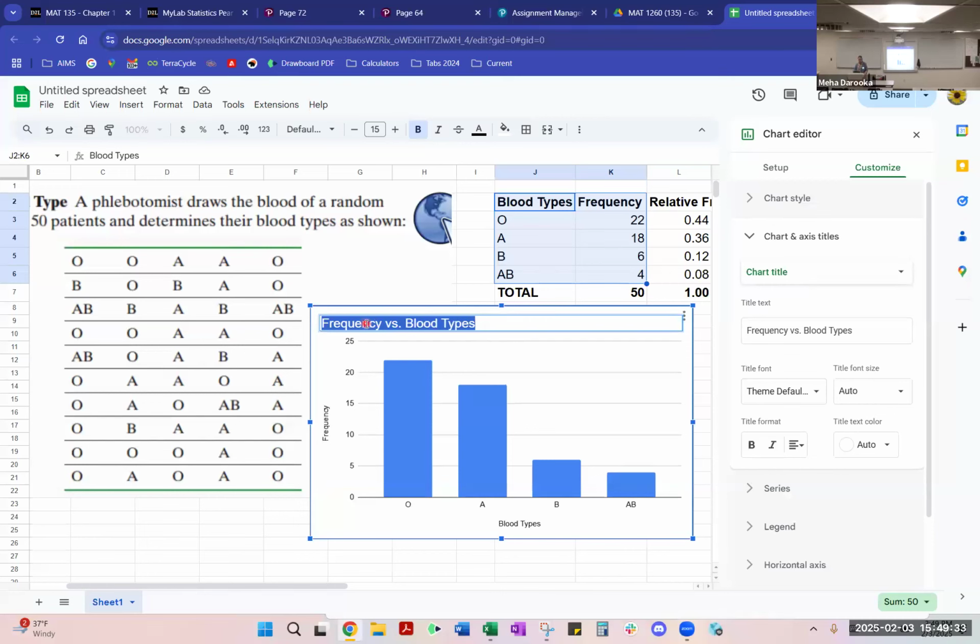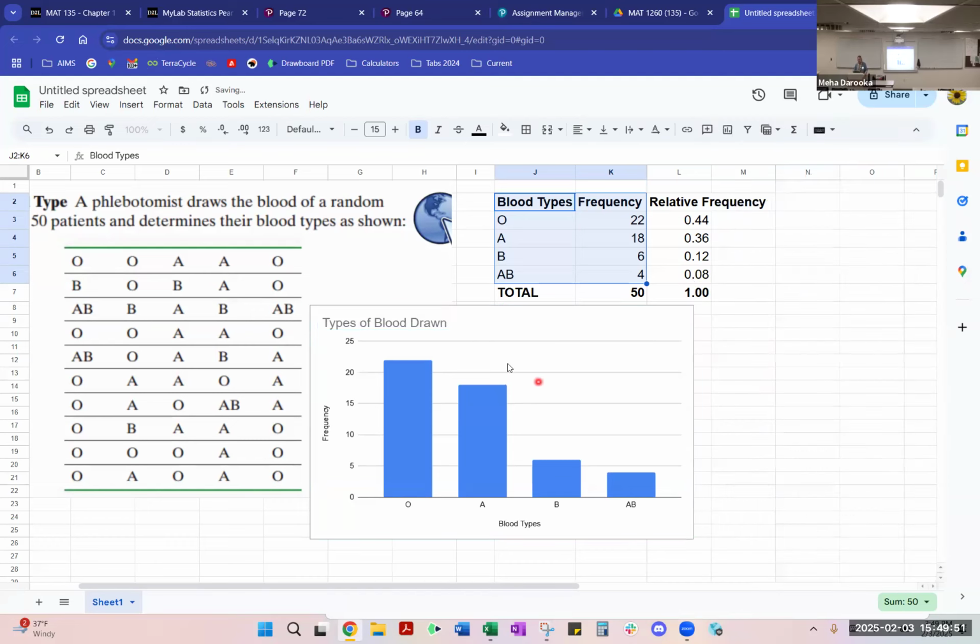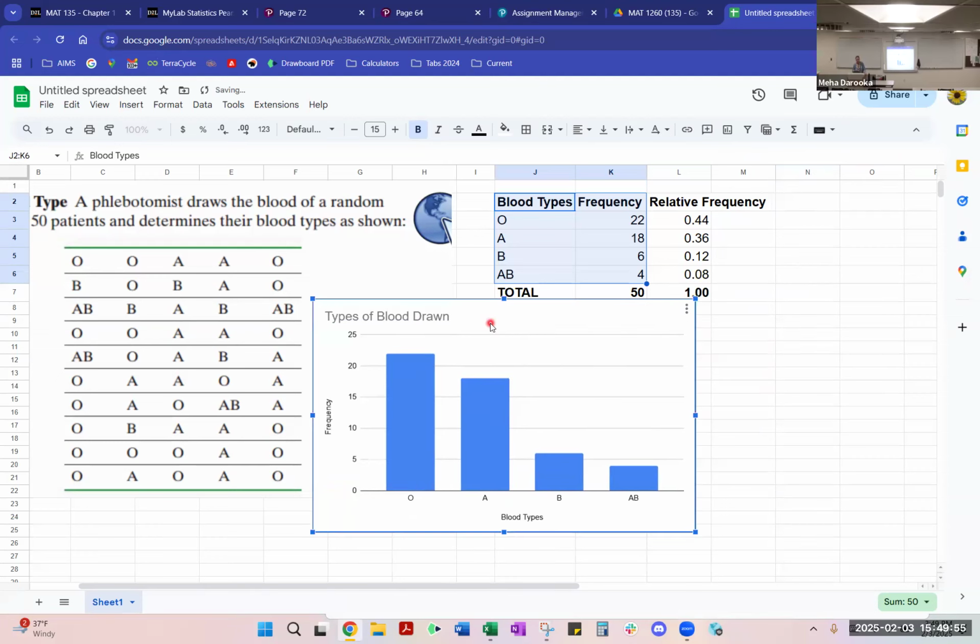So we can double click on that and we can say this is types of blood drawn, or, you know, whatever you wanna call it, that represents the value you are looking at. So you will see this is going to be our frequency distribution.